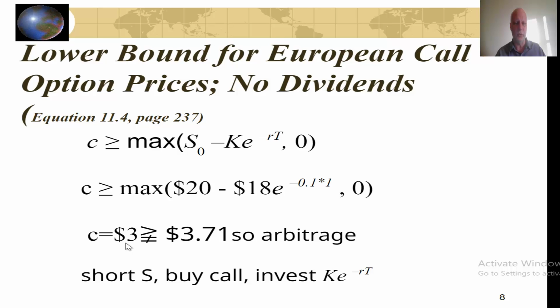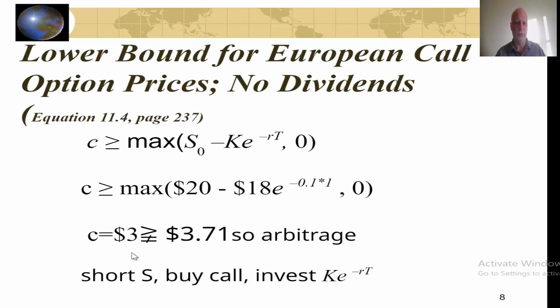If it isn't, which it isn't, then there's an arbitrage. So there's an arbitrage, meaning that either the stock price is overvalued or the call option is undervalued, since the strike price is set in the option contract. Well, what you will want to do is sell what is overvalued and buy what is undervalued.